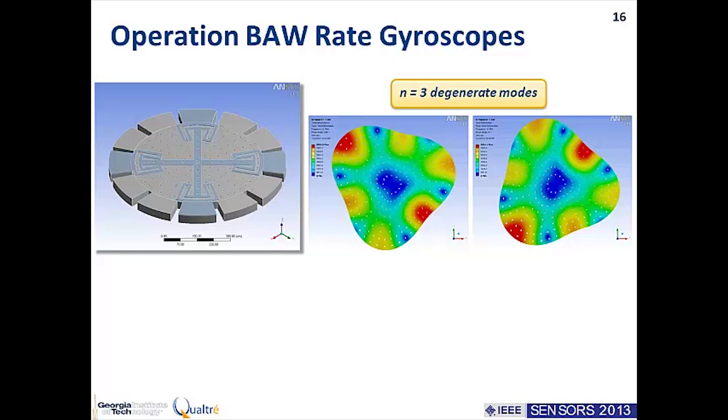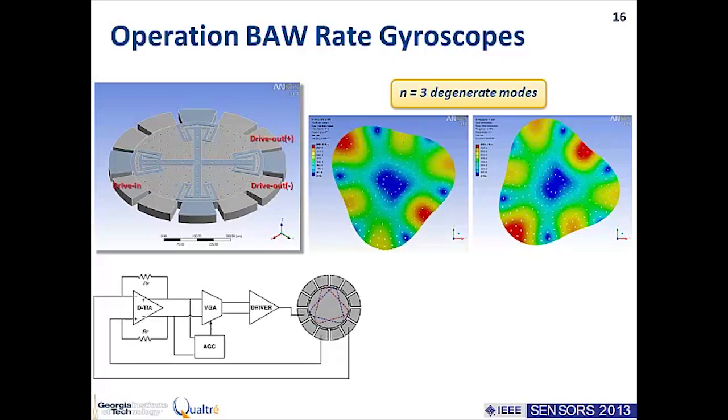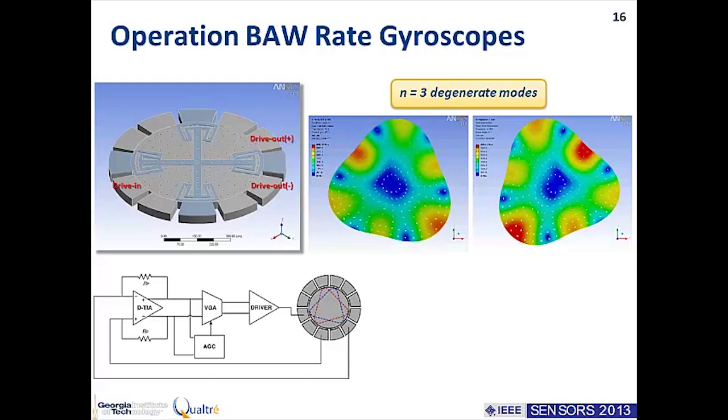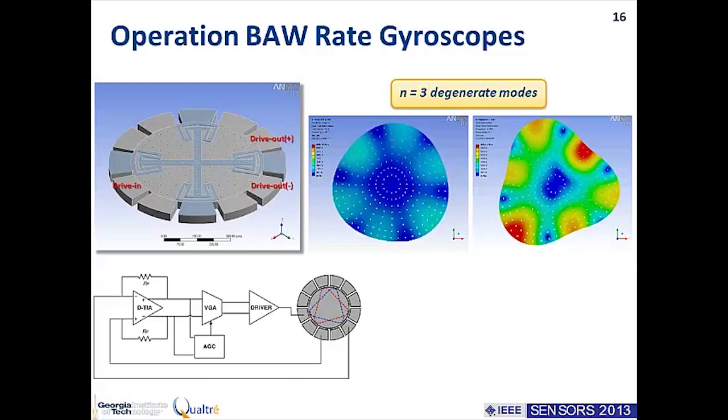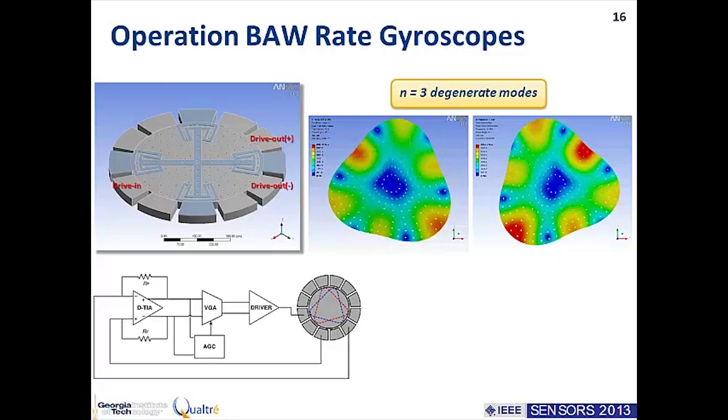But the operation principles are basically the same. So what you do is you close a loop around your structure by exciting it at the electrodes that are aligned with the antinodes of one of the modes, and as we described before, they coincide with the nodes of the other mode, so there's no cross-actuation.